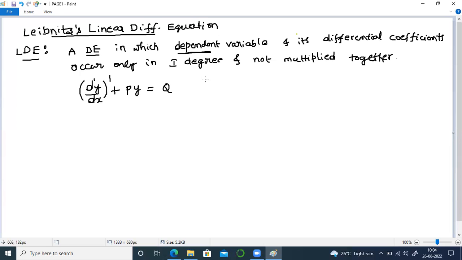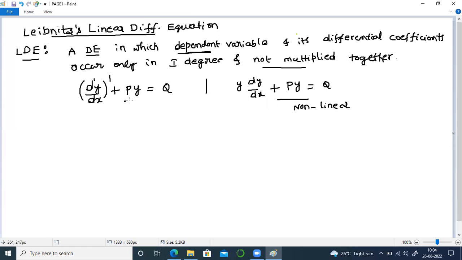Suppose the equation is like this, y into dy by dx plus py is equal to q. Then it is a nonlinear differential equation, because y and its differential coefficients are multiplied together. So this condition is not satisfied, and it is a nonlinear differential equation. But this is a linear differential equation.